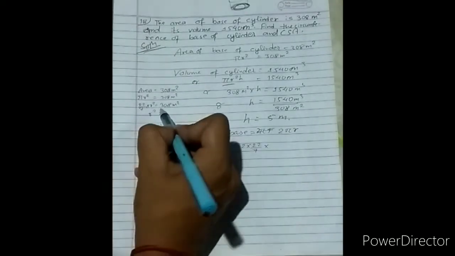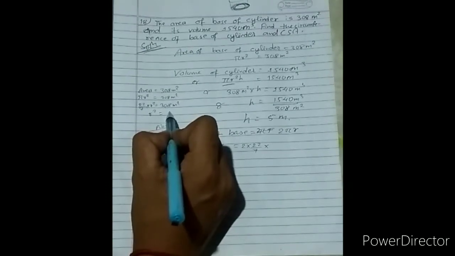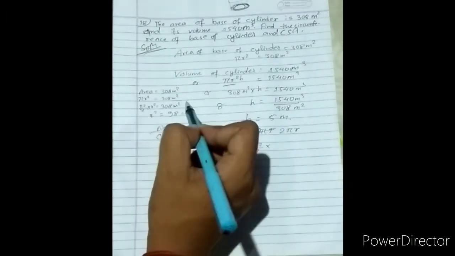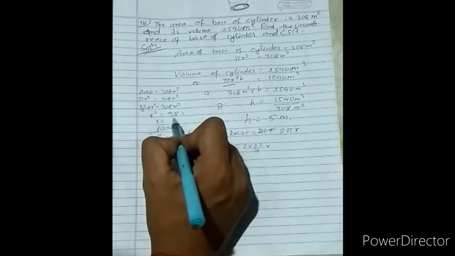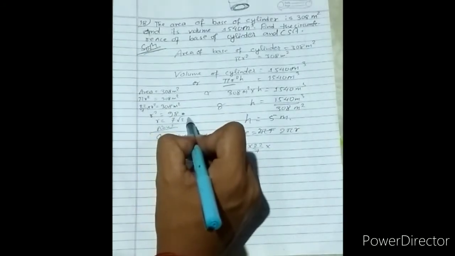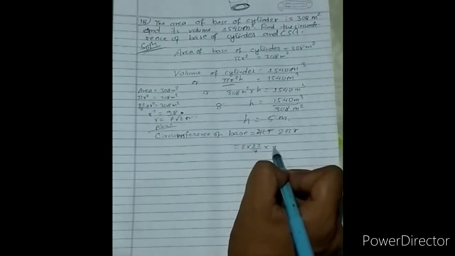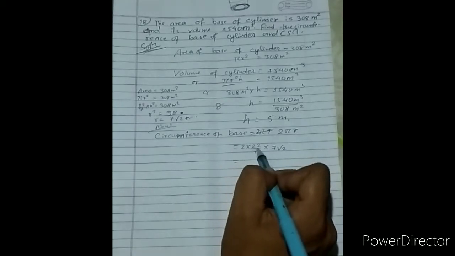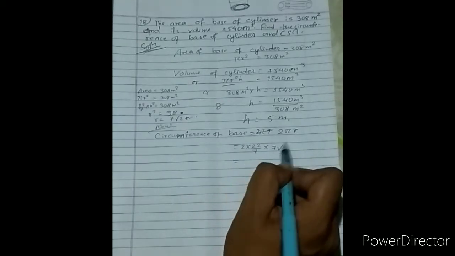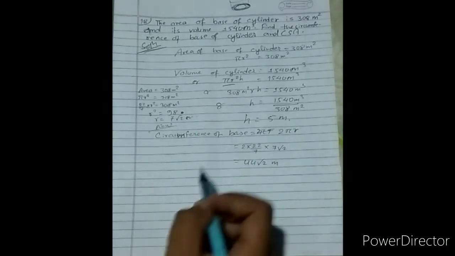R square is equals to, now you can take this another side, it will be 49. Now value of r is 7. Now in the place of r you can write 7. Now 2 into 22 by 7 into 7, 7 cancel, 44 meter, that is circumference of base.